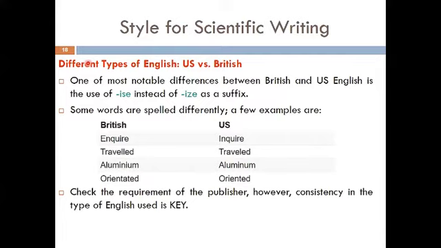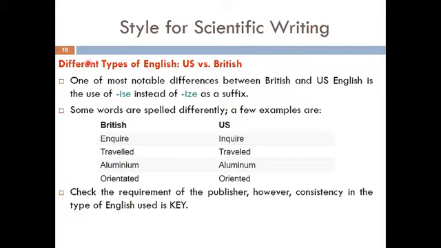Lastly, when you are writing, in English writing we have two predominant types: either the US or the British. Often, the British use "ise" while the US use "ize". So whenever you are writing a technical paper or a research paper for a high impact journal, ensure you are consistent.